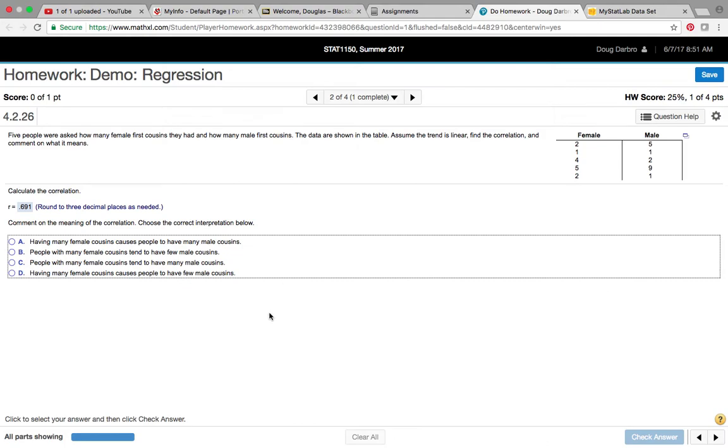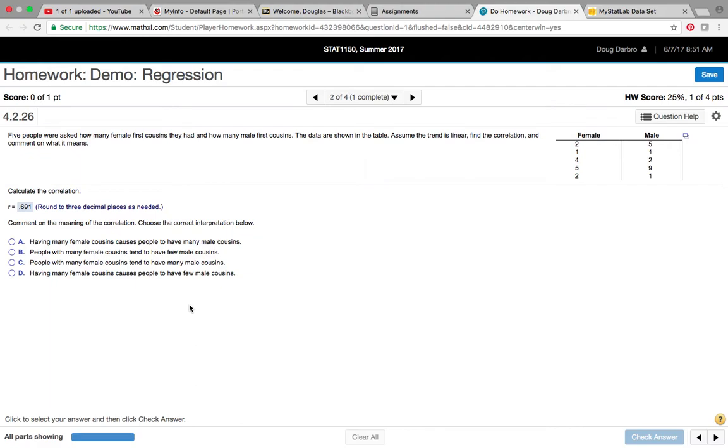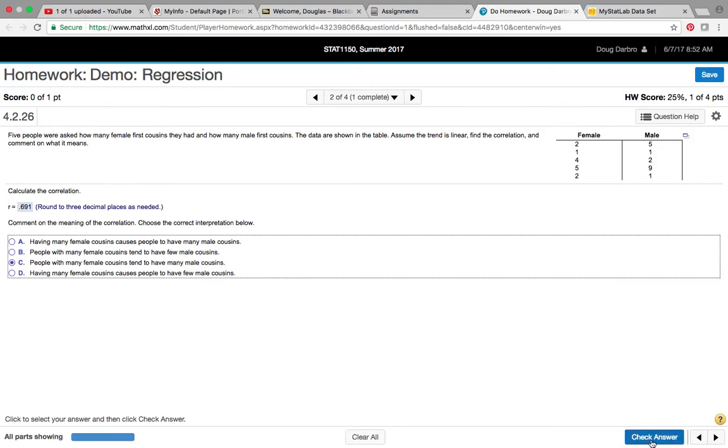Okay, that's reasonable. And having many female cousins causes, there's that word again, can't be true. So guys, we can scratch out A and D right off the bat because these techniques that I'm teaching you have nothing to do with causation. So the only reasonable answer there is C.